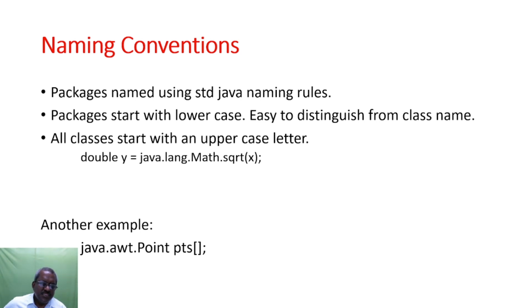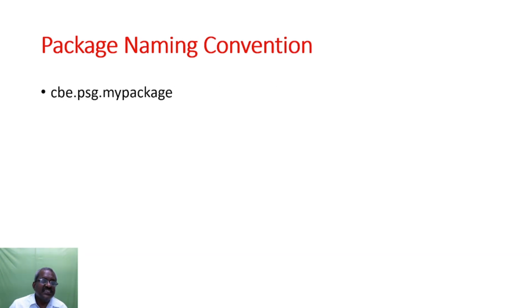Another example is java.awt.Point. Point here is a class, and here we are creating an array of points, a declaration.